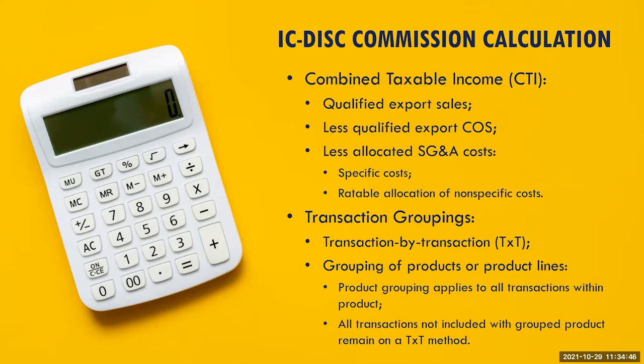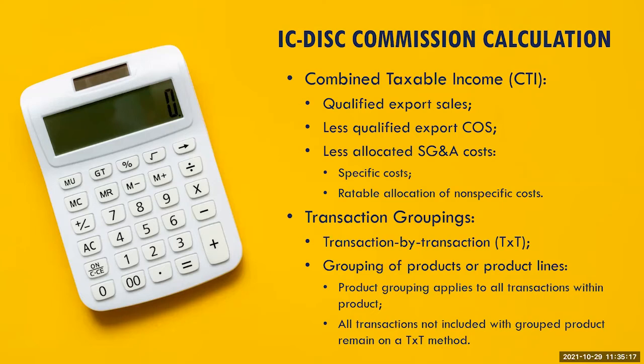The IC-DISC commission is calculated on what's called a transaction by transaction method. So you calculate the commission on each individual transaction, and you can take the greater of the 4%, the 50%, or the marginal costing commission. And so the ability to do this on a per transaction basis really gives you the power to maximize your commission to the fullest extent possible.